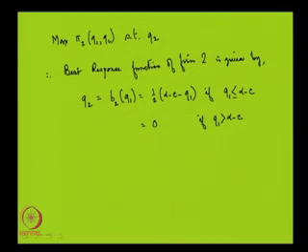So, I am not going to derive this best response function. It is very easy to derive, but since we have already derived this in previous lectures, this is what we know as the best response function.